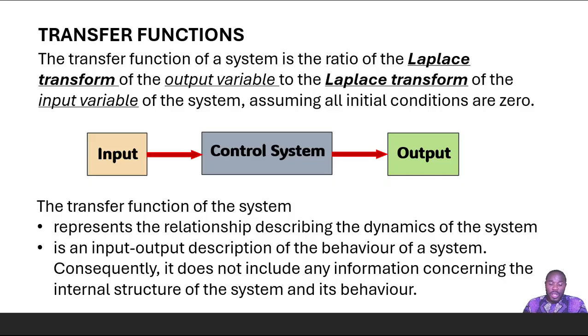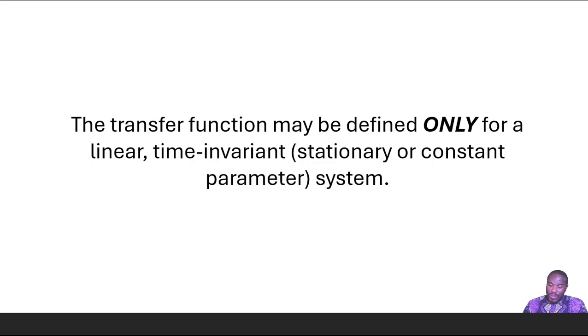So it's important to note that transfer functions may only be defined for systems that are linear and time invariant. When we were looking at various kinds of control systems, we did look at one of the classifications where you could classify a control system as either a linear time invariant system or a linear time variant system. It could also be non-linear.